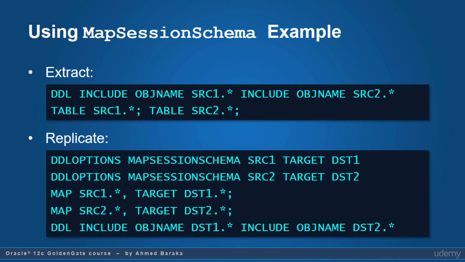On the replicate side, we have the map session schema option being used to map SRC1 to DST1 and SRC2 to DST2. So if you have a create table statement executed in the source database to create a table in the SRC1 schema, the replicate will execute the statement to create the table in the DST1 schema.